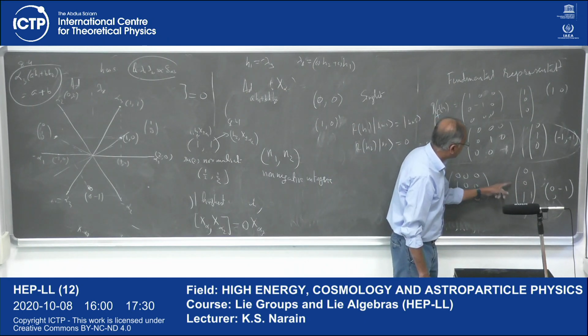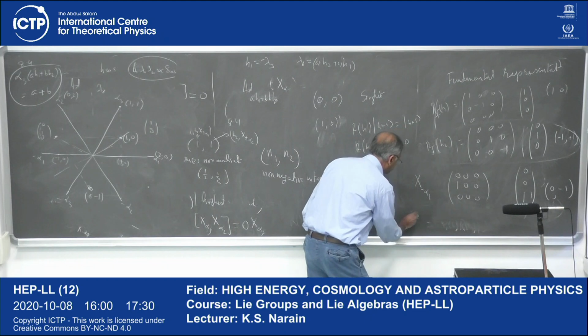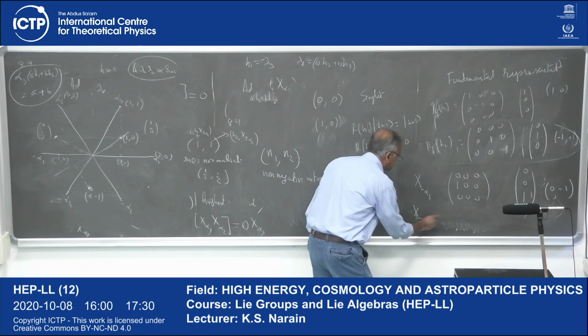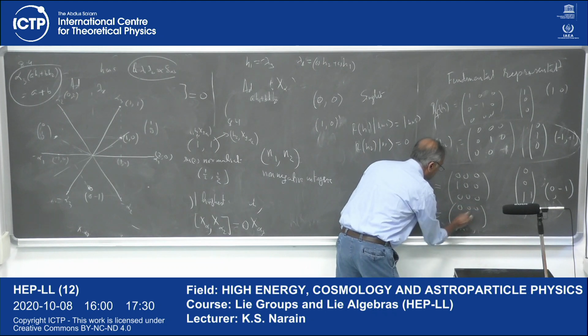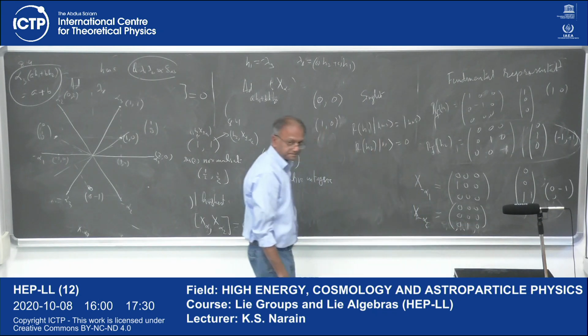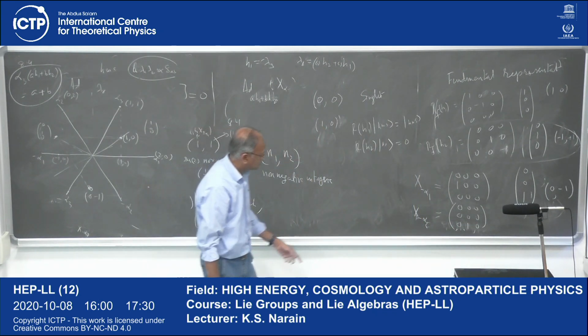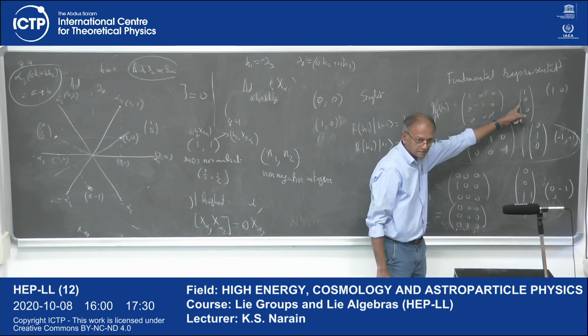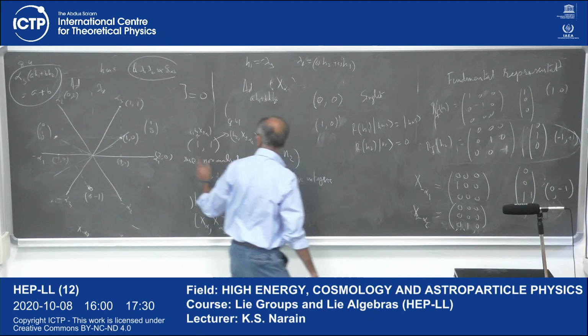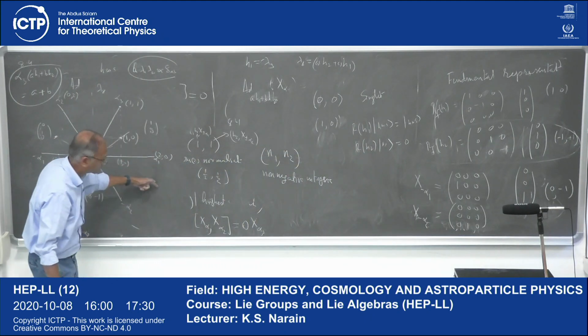But I can apply x minus alpha 2, which is the matrix 0, 0, 0, 0, 0, 0, 0, 1, 0. And now you see this one annihilated that, which is why we couldn't go this way.